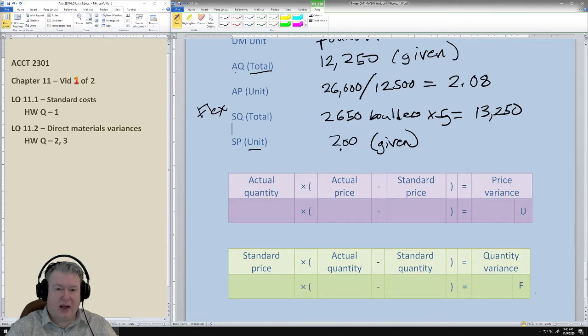So the actual quantity here is going to be 12,250 times actual price minus standard price equals price variance. Let me just double check that.